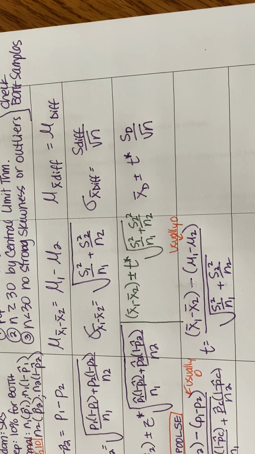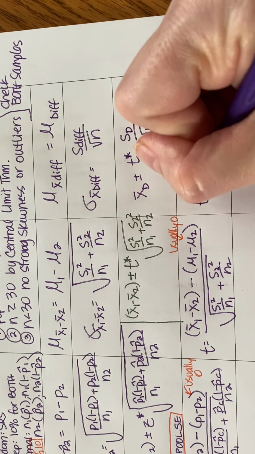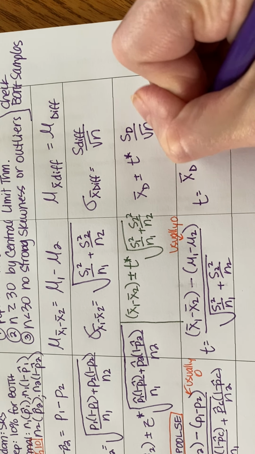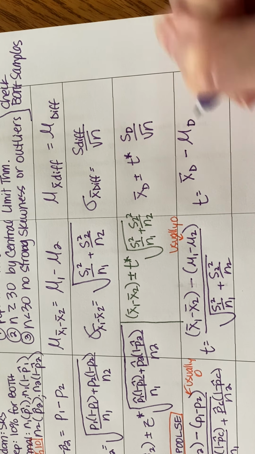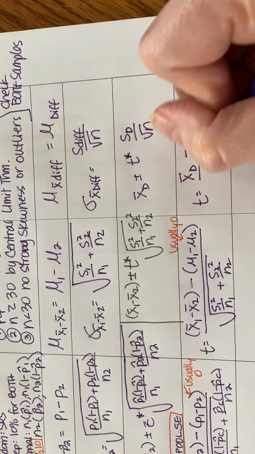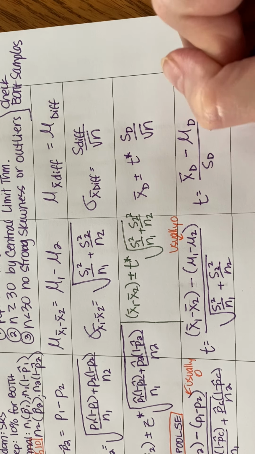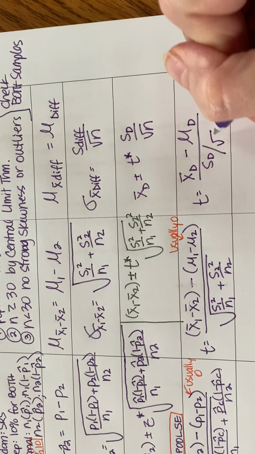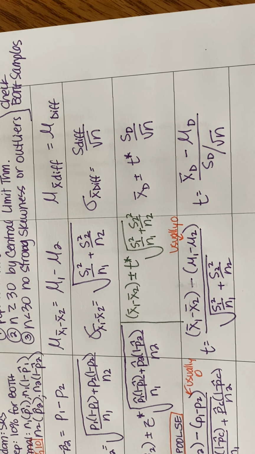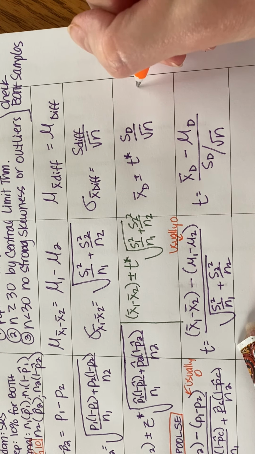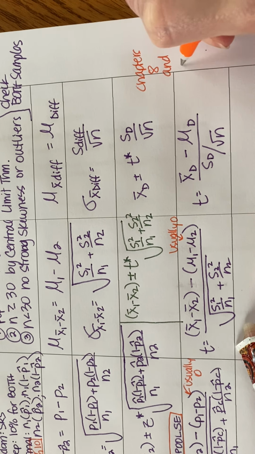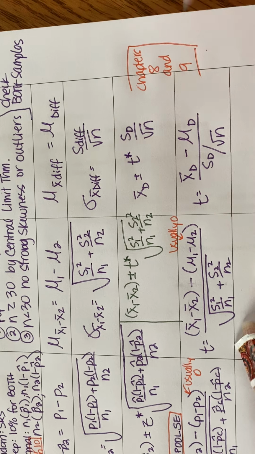And then your test statistic is still t, and it's going to be your statistic, x bar d, minus your parameter, the true mean of the differences, divided by the standard deviation of the sample divided by the square root of n. If you need a refresher on these, it's chapters 8 and 9, because that's where we did one sample stuff.